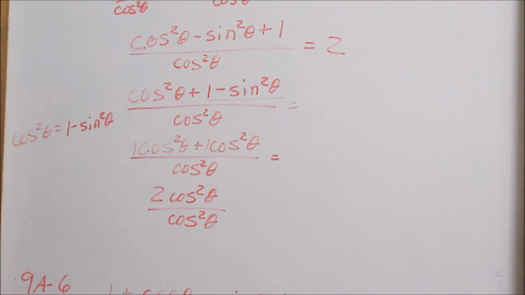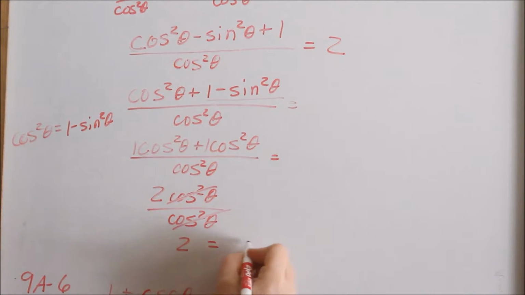Now what happens to your cosine squares? They cancel out and you're left with 2, and the right-hand side is 2. So we proved that the left side does equal the right side.